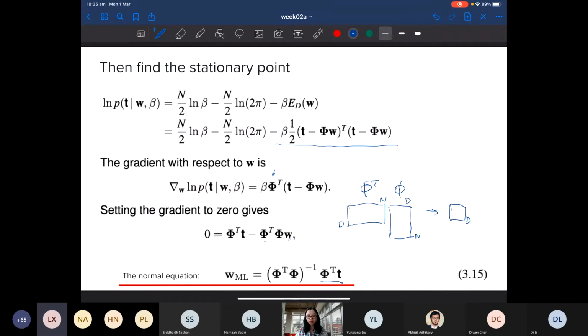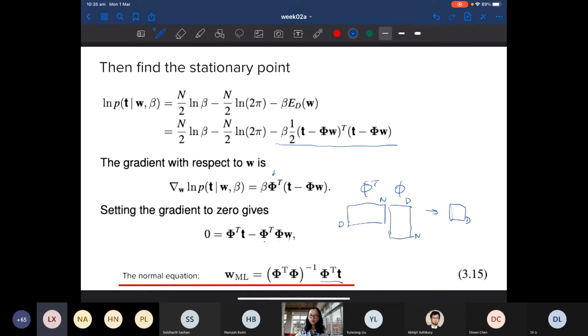This D by D matrix happens also to be positive semi-definite and symmetric, so we can invert it and multiply the inverse in front of both sides, and we get the normal equation here, 3.15.